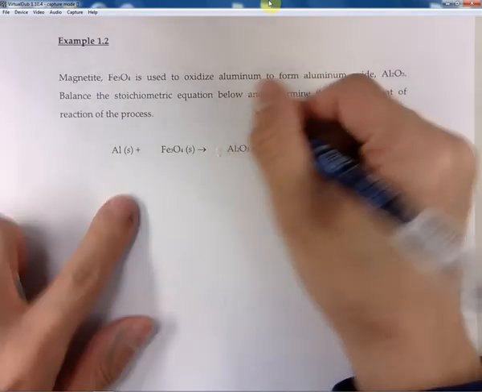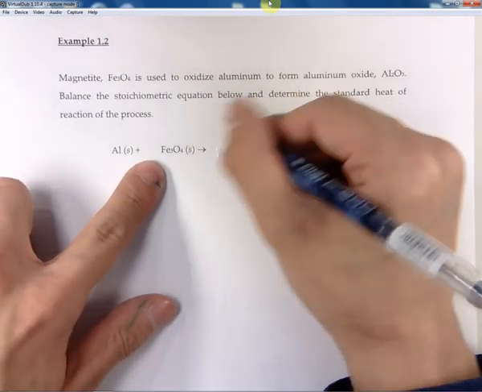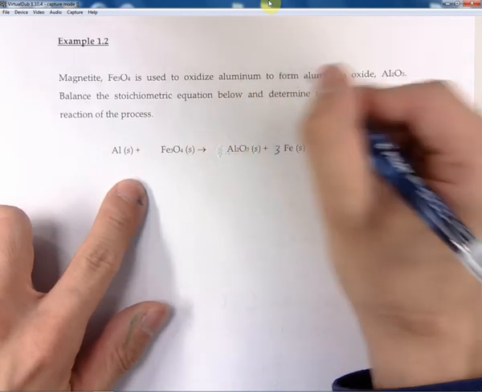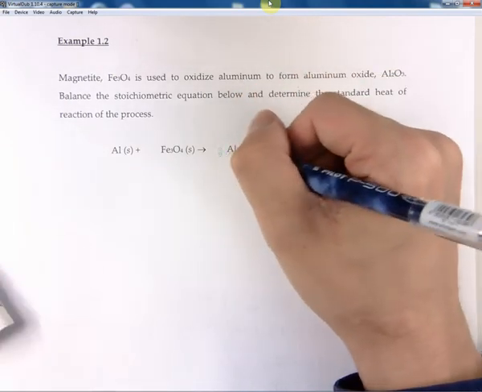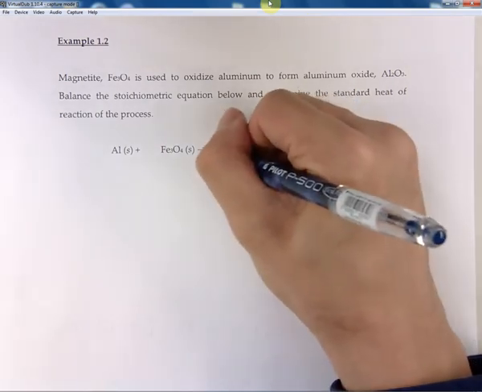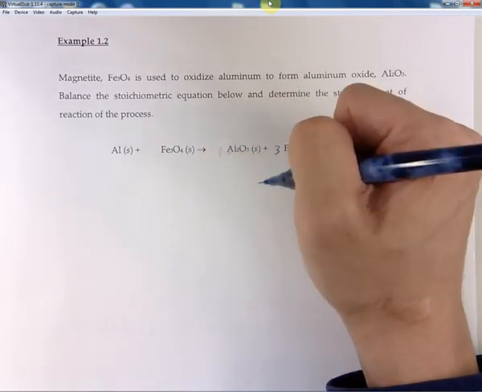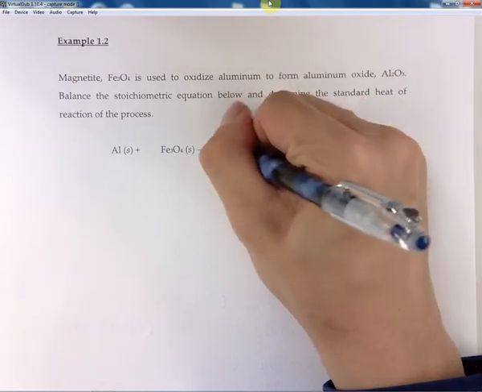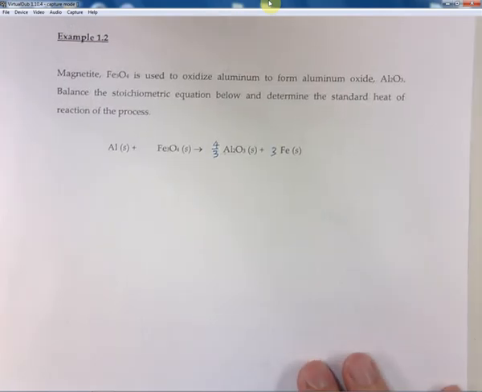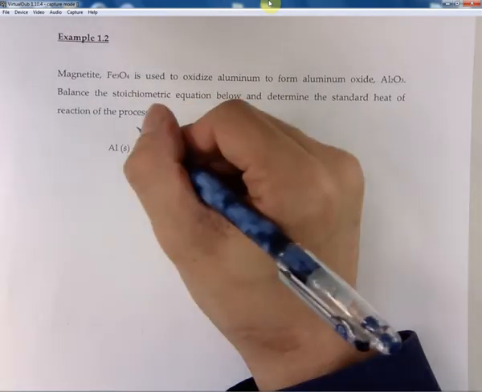So if we have 3 over here, so this is 4 over 3, and this 4 over 3, this will be 8 over 3.